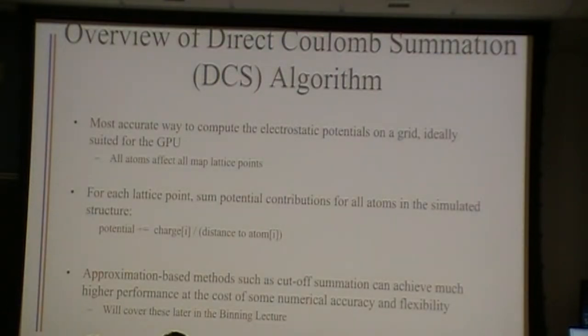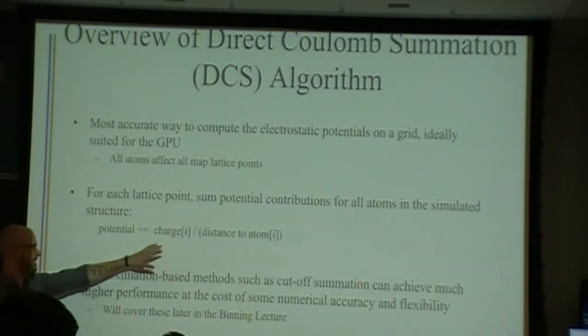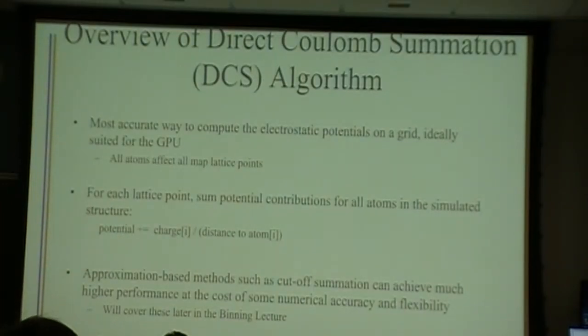Okay, so this is called the direct Coulomb summation algorithm. But basically, it's this process that I already described. We go through all of the inputs. Each input affects all of the lattice points based on its charge and its distance from them. And you basically just sum up all of the charges and the distances for each output point to compute this electrostatic potential. And then if you want, you can make approximations.